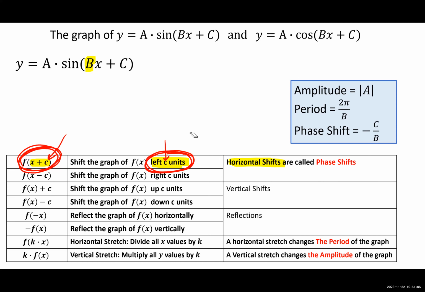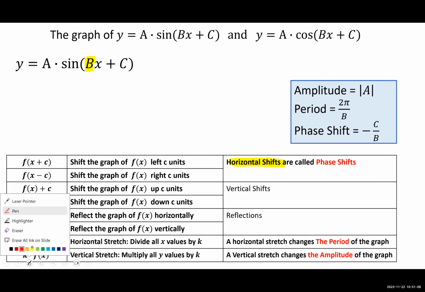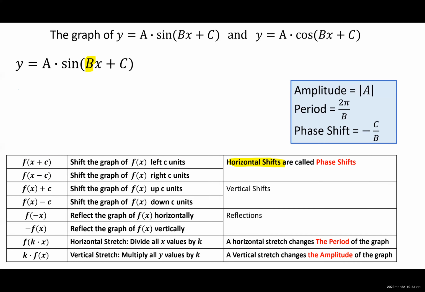Now, the reason there's a c over b has to do with a little bit of factoring, a little bit of algebra. So we could rewrite this. Now, if we factor out that b, we get x plus, factoring means dividing and multiplying.